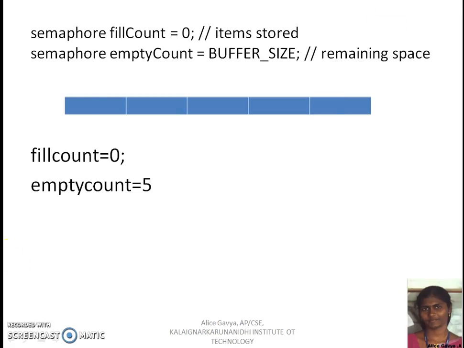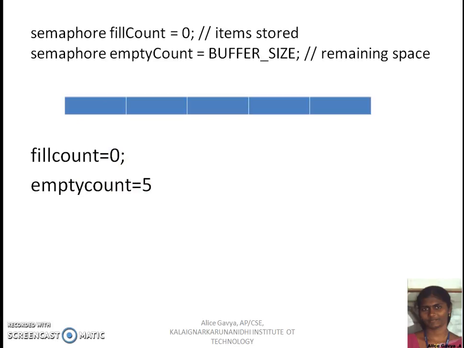Initially my buffer doesn't contain any item, so fill count is initialized to 0. Empty count refers to the empty slots. Initially I can find 5 free slots, so I initialize empty count to the value 5.